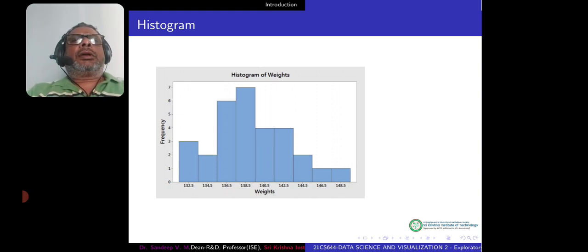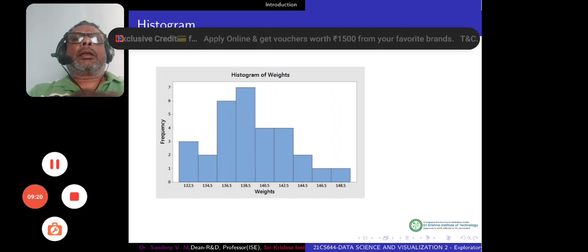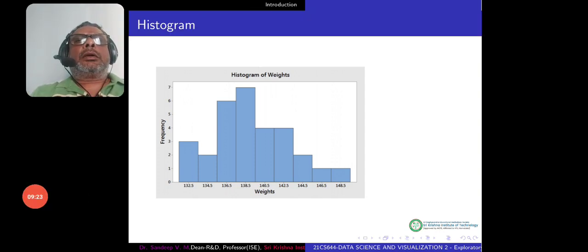Histogram talks about the number of events for the value. So histogram is basically used to see how the data is distributed.